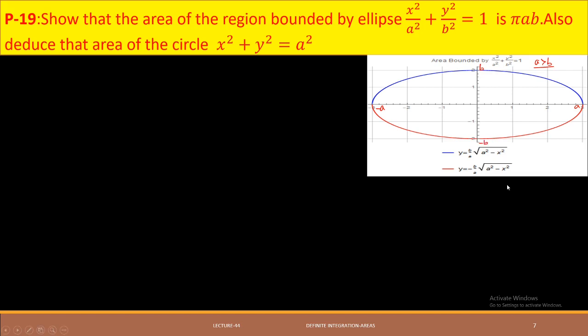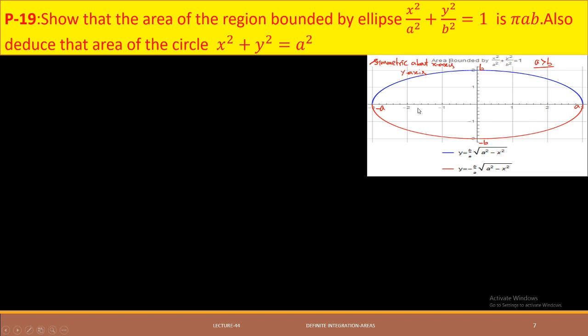And we have discussed during the first lecture the ellipse is symmetric about x-axis, symmetric about y-axis, symmetric about origin.